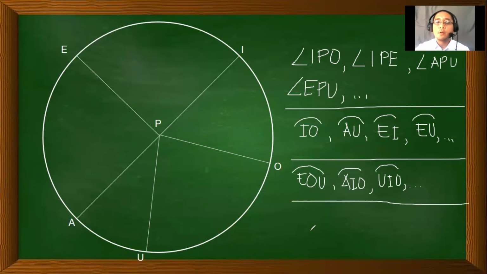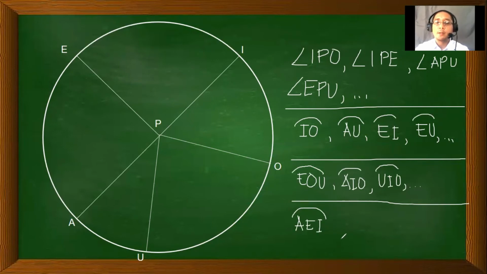Now, how about if I will be asking you for a semicircle? Can you identify a semicircle for me? I will give you only 5 seconds. Okay, time's up. Possibly, if you are thinking of the semicircle A, E, I, then you are correct.